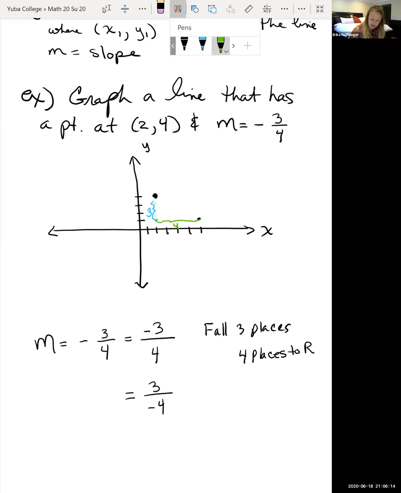Where if I used the other directions, this is telling me I'm rising 3, and I'm going to the left 4.